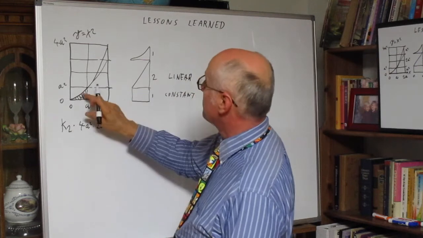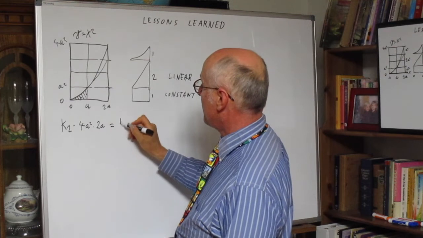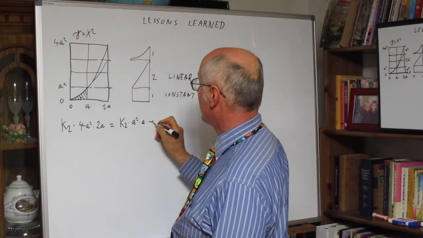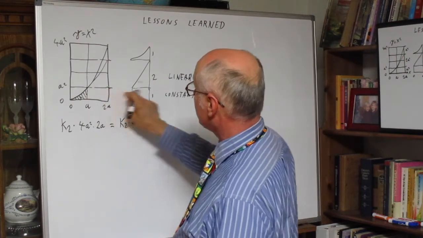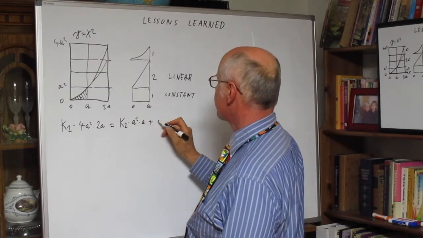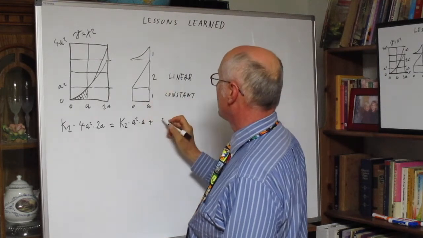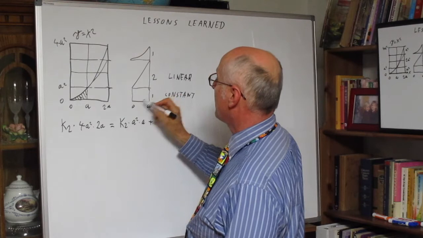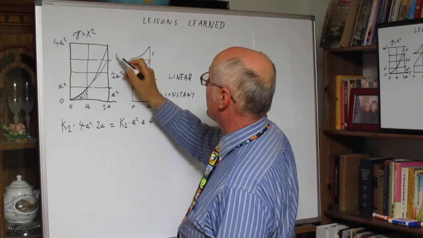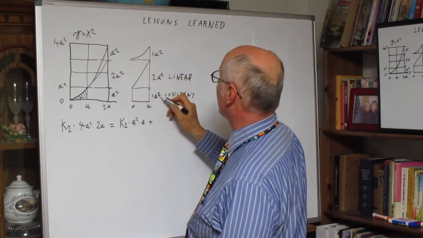And so, okay, the area of this, that would be some ratio K2 times a squared times a, plus this one, 0 to a, which would be basically a squared, 2a squared, a squared, right?